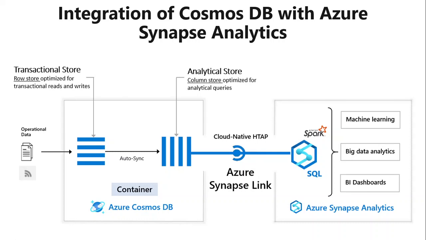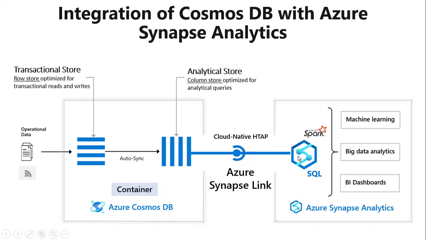This is the hybrid transactional and analytical processing capability, where it auto syncs your transactional data into an analytical store, and using Azure Synapse linked services, we can access that and do all the processing here. That approach eliminates the need to replicate or relocate the data, which makes our life easy.